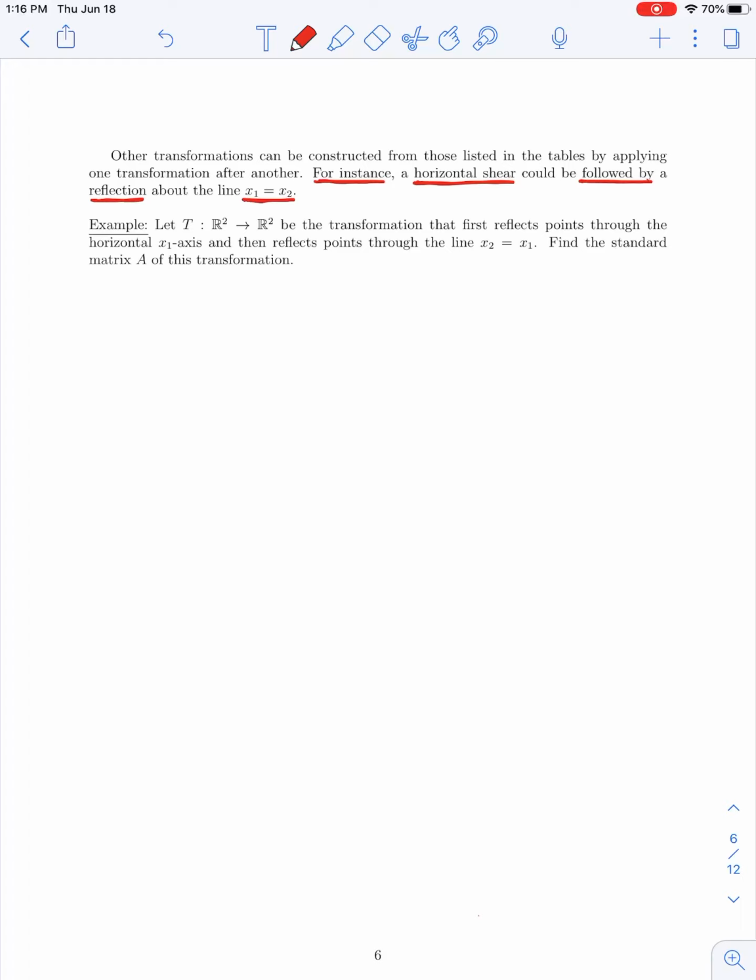So if we have a transformation that takes vectors and applies more than one of these basic transformations, we could describe those by looking at a composition of these transformations.